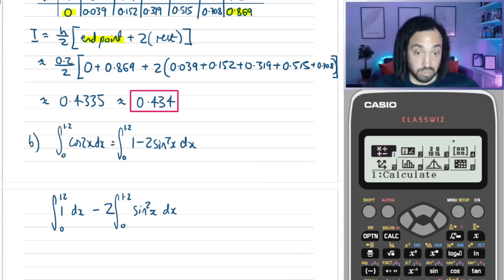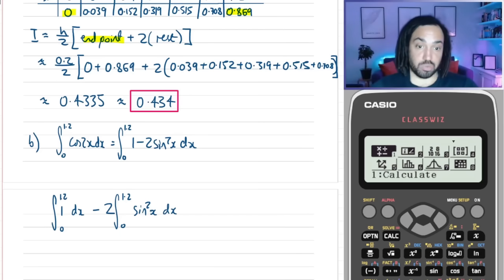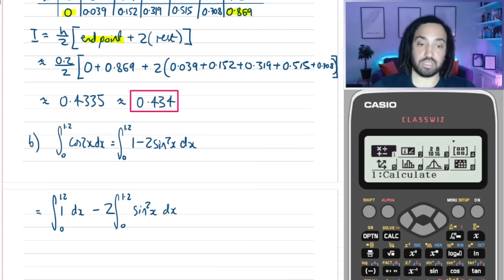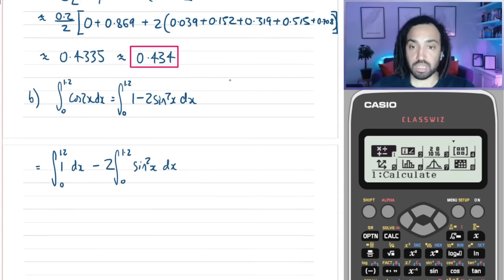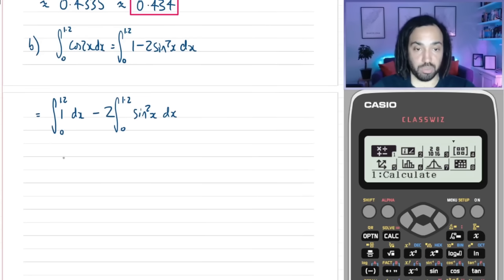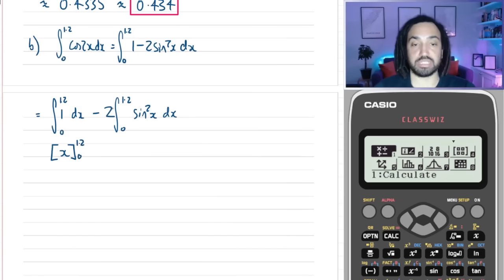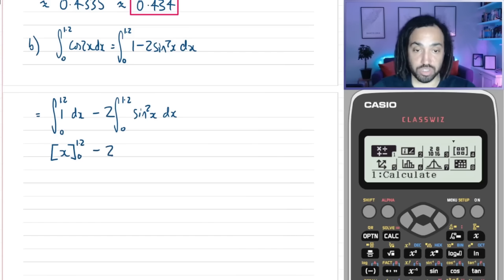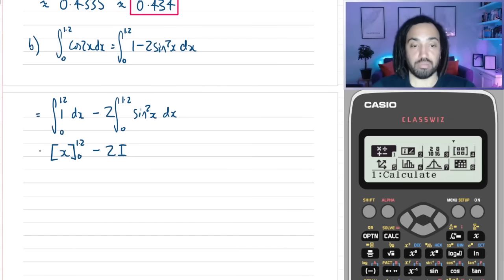So we can split up integrals like that and we can take out factors as well. Perfect. This part we could just do, because 1 integrates to x, and then we can sub in those limits. Now this is minus 2 lots of, that is I, that is literally part A, which we have an expression for.